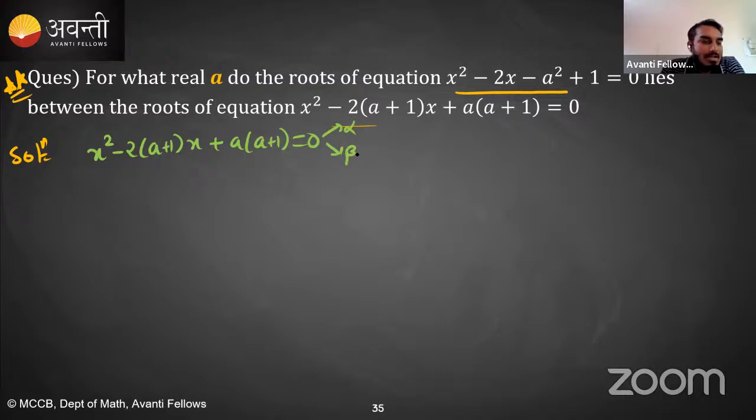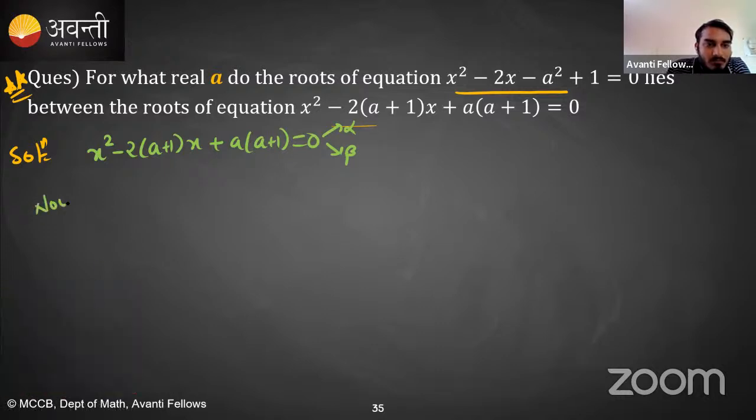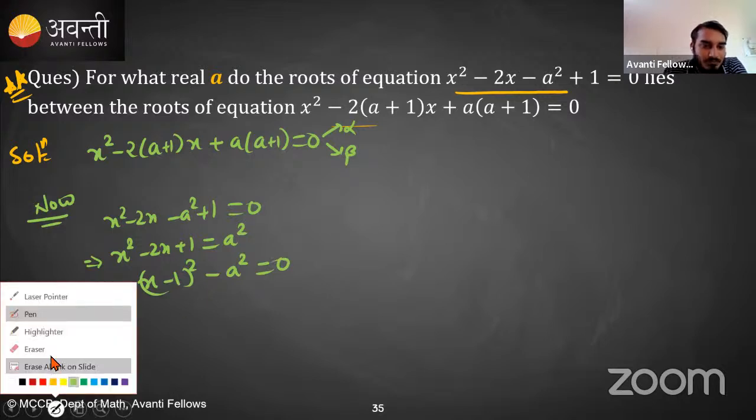Now this other equation, x square minus 2x minus a square plus 1 equal to 0, can be written as x square minus 2x plus 1 equal to a square. This can be written as (x minus 1) whole square minus a square equal to 0, right?